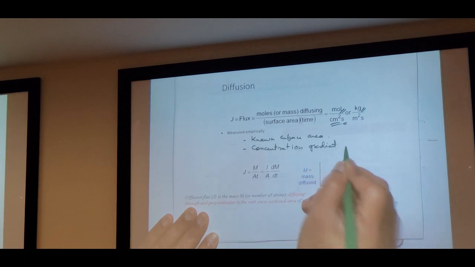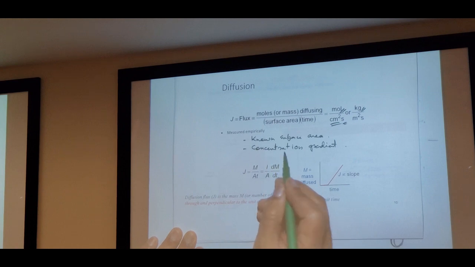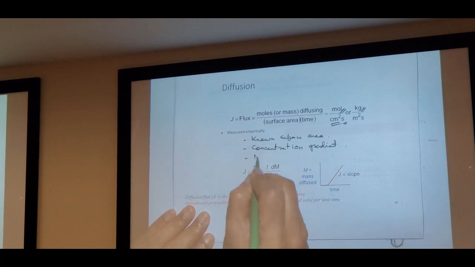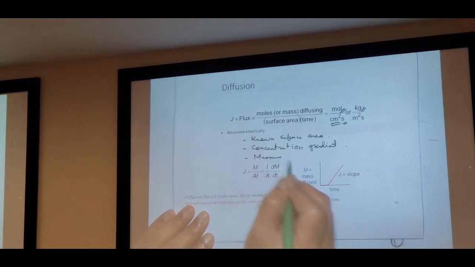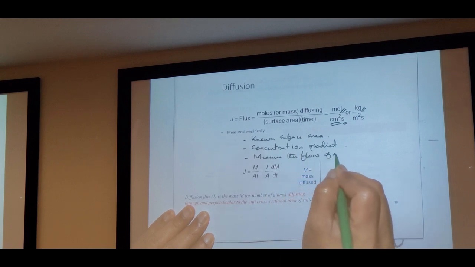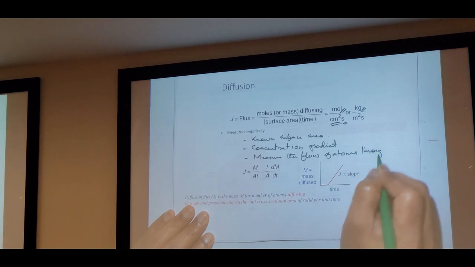Only if there is a difference in the concentration between the two parts of your system can diffusion happen, and then you can measure the flow of atoms through your medium.